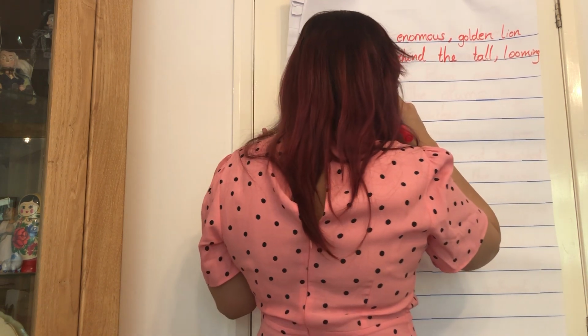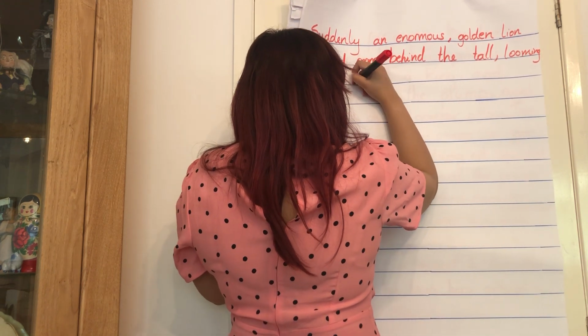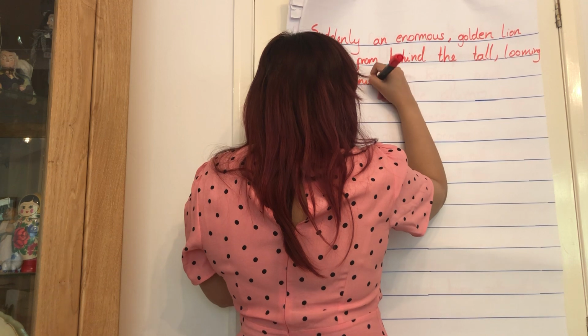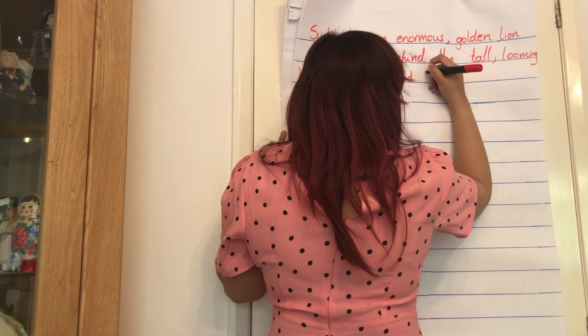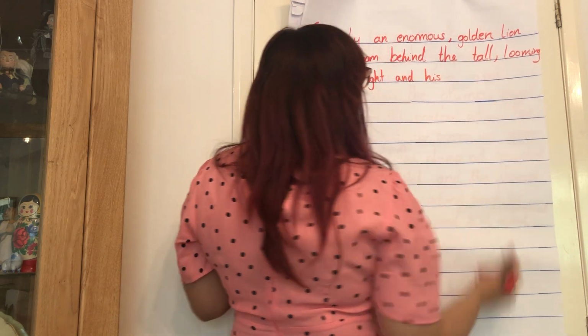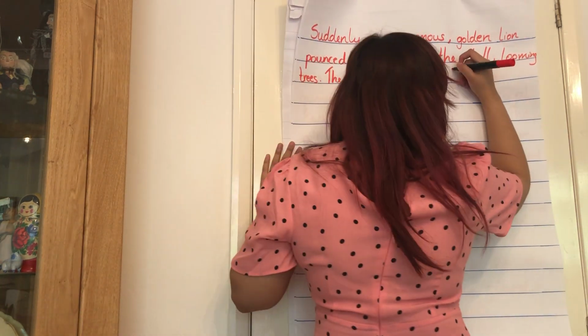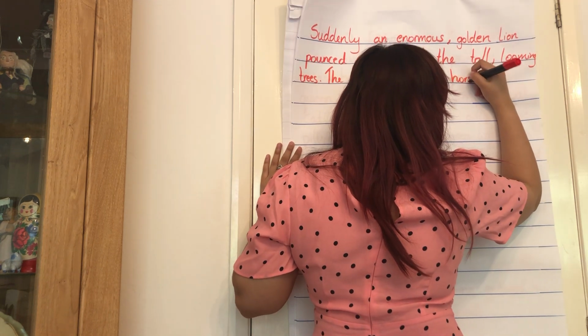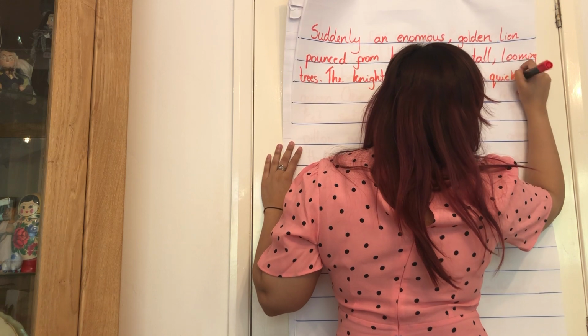So then what happened? The knight and his, who was with the knight? His horse. Quickly, because you won't slowly hide, will you?